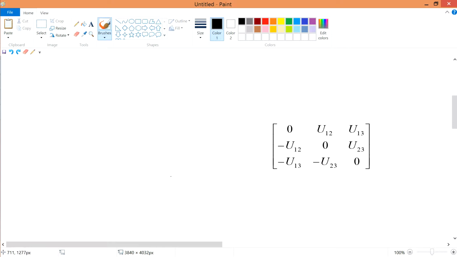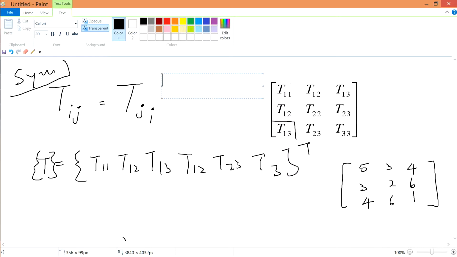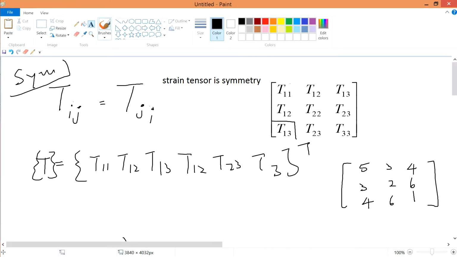Now let's take a look at anti-symmetry. But before going there, I would like to give you the understanding that the strain tensor is symmetric. This is a concept I just want to convey.